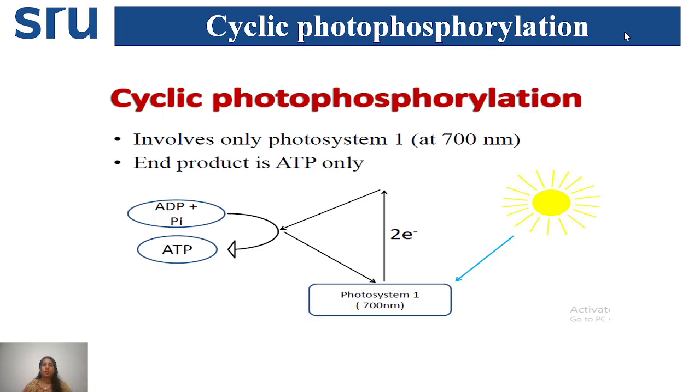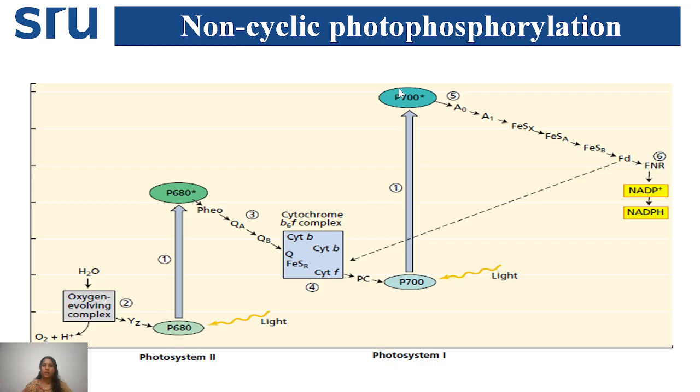In cyclic photophosphorylation, only photosystem 1 is involved. After getting energy from the sun, the electrons are excited, and instead of transferring to ferredoxin, the electrons transfer to plastoquinone, then the cytochrome B6F complex, and then back to photosystem 1. So it takes place in a cyclic manner.